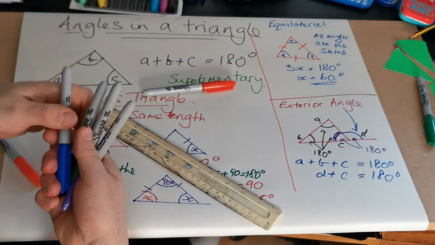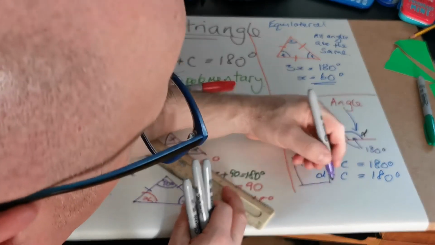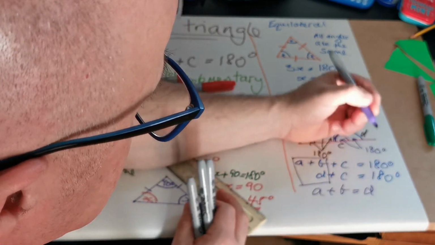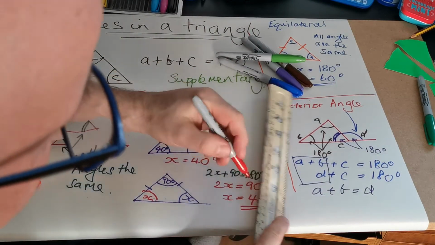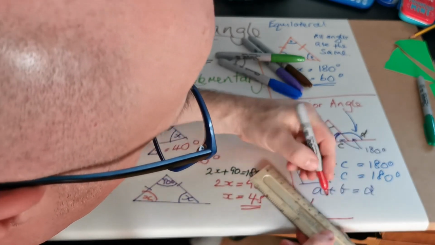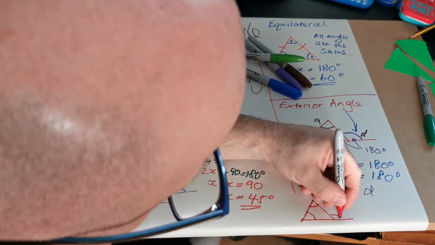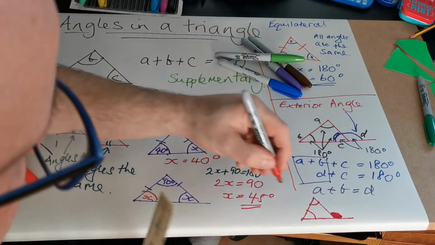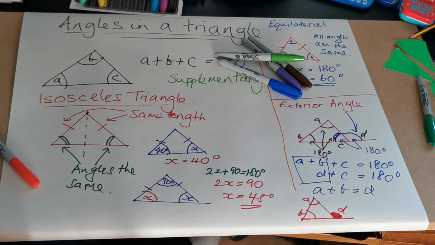So I think it follows quite clearly that A plus B equals D. So if I was just to summarise that in a small diagram, I've got A plus B is equal to D. Okay?